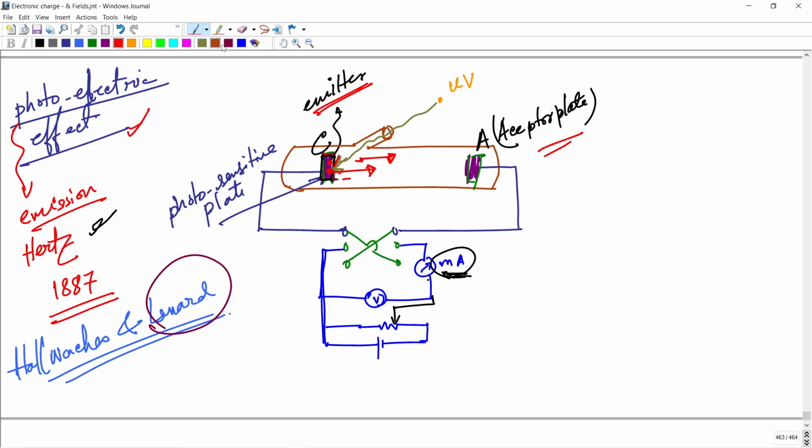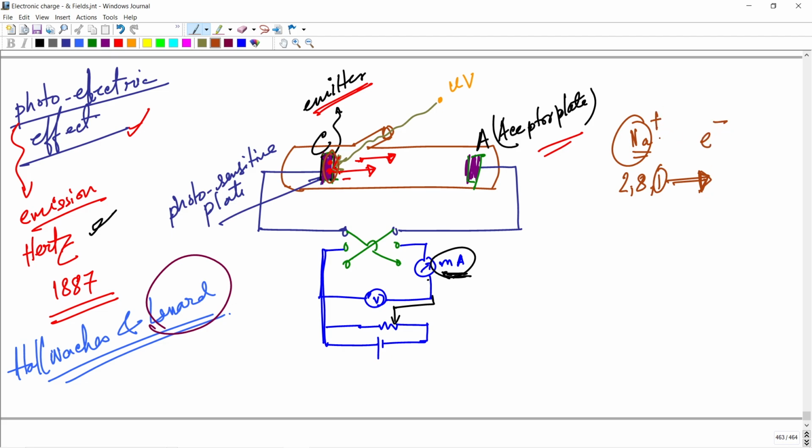Suppose we consider sodium as the metal. Sodium's electronic configuration is 2, 8, 1. If one electron escapes from the sodium metal, the sodium becomes a positive ion and the electron is negative.